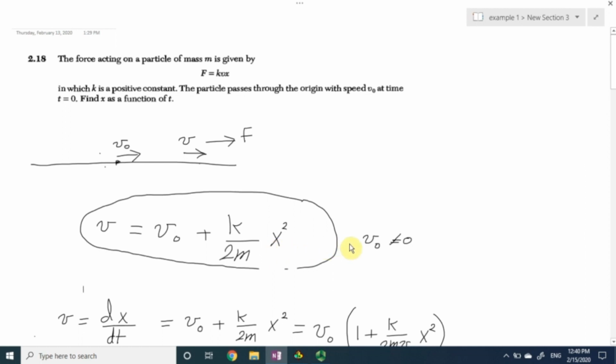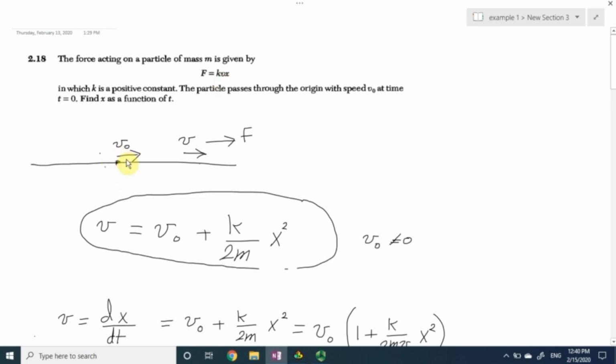In that video, we discussed that v0 can never be 0. It should not be 0. In fact, if you think about it physically, if the initial velocity is 0 at the origin, this means the force is 0 at the origin, and that means the acceleration is 0 at the origin.